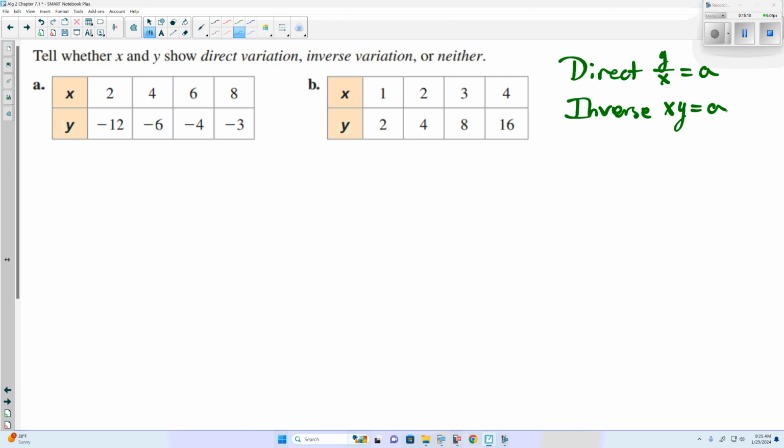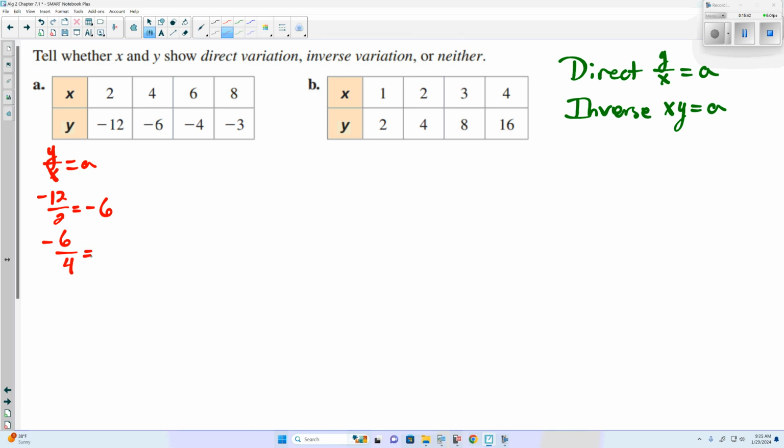So for A, first thing we need to do is determine, do we want to check to see if it's direct or inverse? We can do direct first. So our direct is y over x is equal to A. So we can pick the first one. Negative 12 over 2 is negative 6. And we can plug that in the calculator. Negative 12 divided by 2. We get negative 6. Then we'll move to the next one.